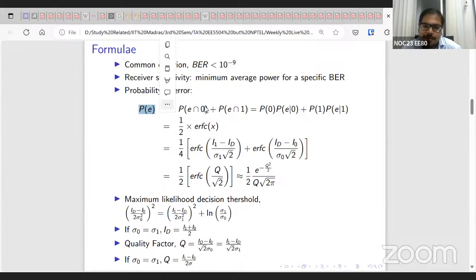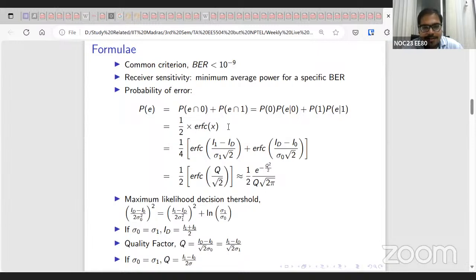So the probability of error, you can think of in terms of set theory: probability of error and we're sending a 0, or probability of error and we're sending a 1. If you expand this expression, you get this conditional probability. Each term will look like this. Probability of 0 we can assume to be half, because there is no reason why 0 or 1 should be more probable.